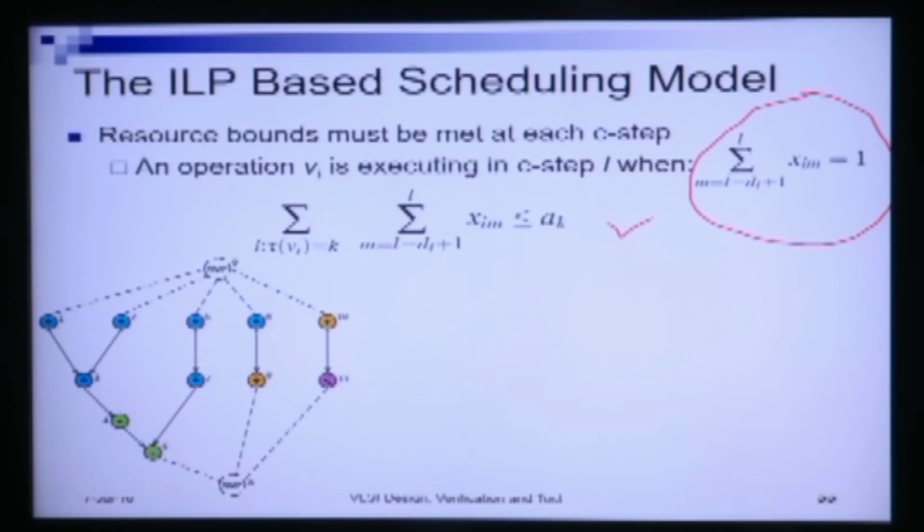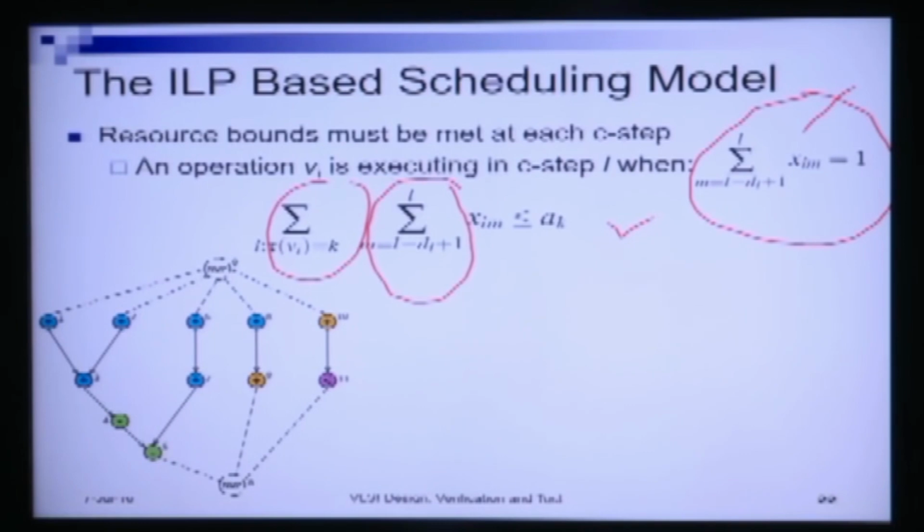And so, herein the term that we defined here becomes important, because this term tells me whether the ith operation is running in the current time step or not. If this summation, m equals L minus Di plus 1 to L of x_im, is equal to 1, that means that in the current time step L, the ith operation is still executing on some resource of type K. Now then, what does this summation tell me?